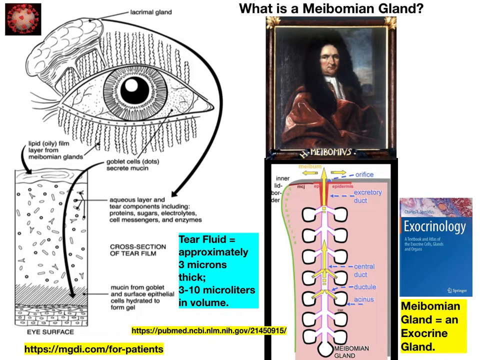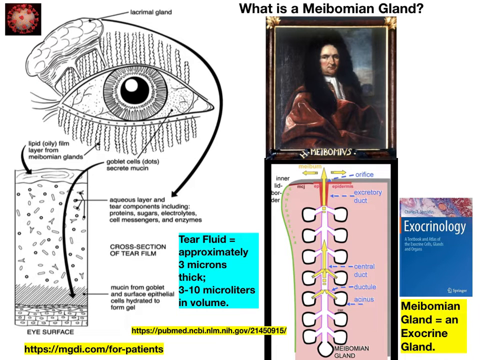For the moment, before discussing the origins of the name meibomian gland, I'd like to review its anatomical structure and basic function. On the lower right of this slide, one sees a stylized diagram of a meibomian gland. Note that it has a central duct, which receives oily material secreted by numerous secretory elements.